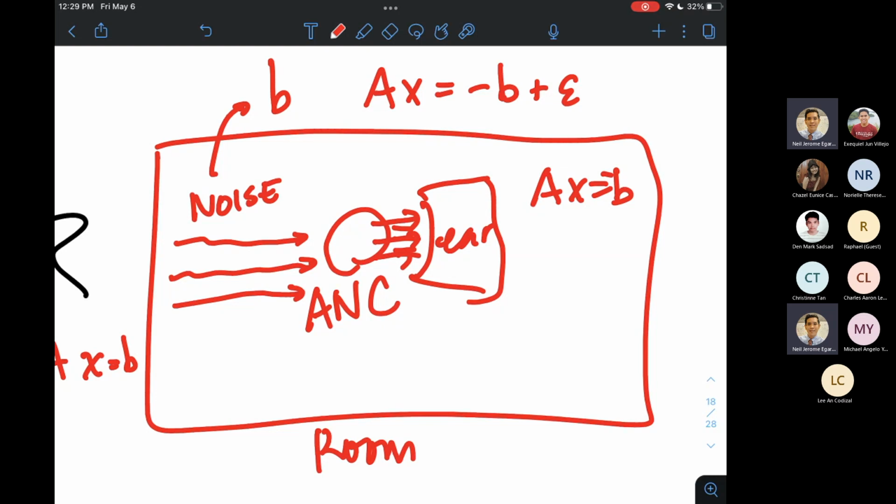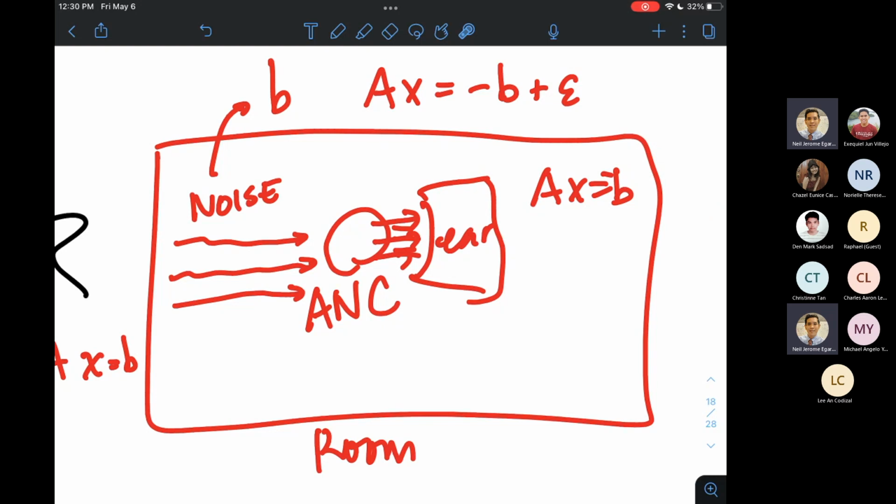Una, tinatry niyang magkaroon ng accurate solution with respect to the L2 norm. At pangalawa, nami-mitigate niya yung epekto ng measurement error o ng data noise doon sa solution. I mean, it tries its best to make the solution from the perturbed system very, very close to the solution of the baseline or the ideal system.